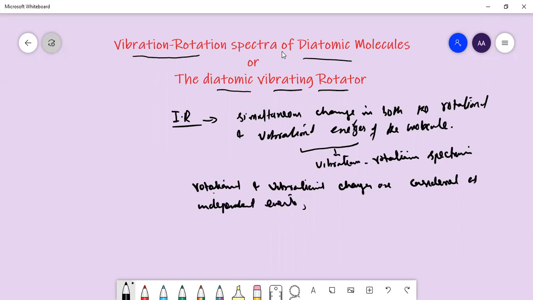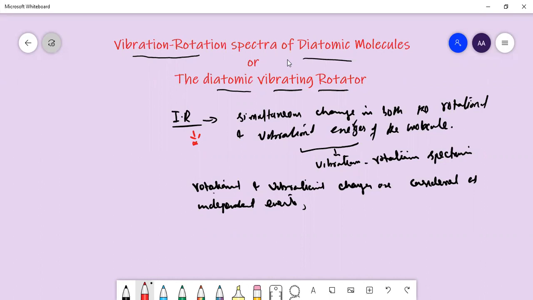It means that there is no interaction between the vibrational and the rotational energies, or we can say the change in the energy of the vibrational and the rotational energy level. So दो चीज़ें यहाँ पे आपको याद रखना है कि एक तो IR radiation में absorption की वजह से आपकी दोनों rotational as well as vibrational energy of the molecule changes.